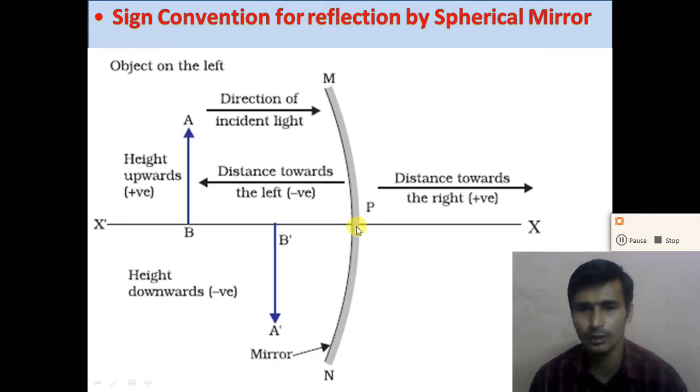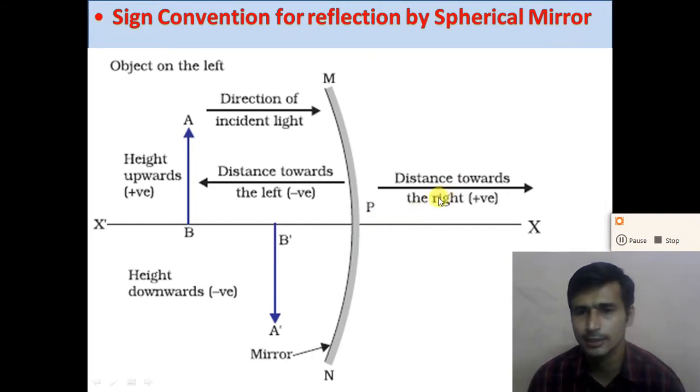So the pole is considered as the origin and the principal axis is considered as the x-axis. All the distances towards the right of the mirror are taken as positive, and all the distances on the left of the mirror we consider as negative. All the distances are measured on the principal axis from the pole.